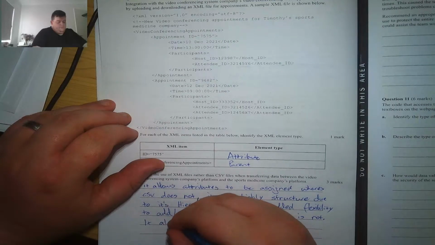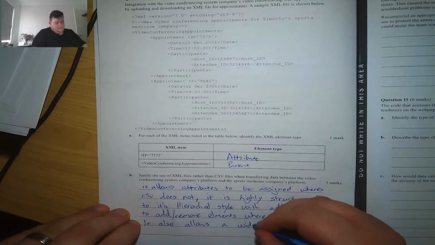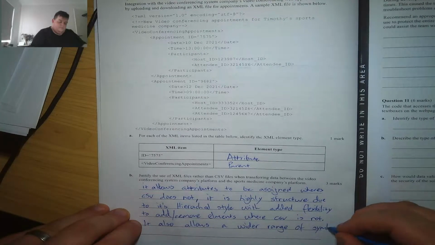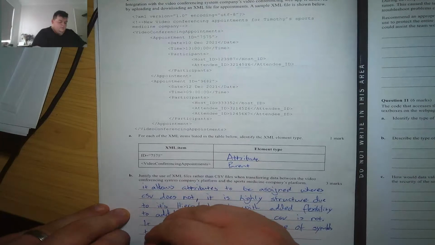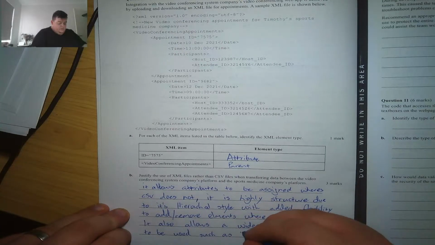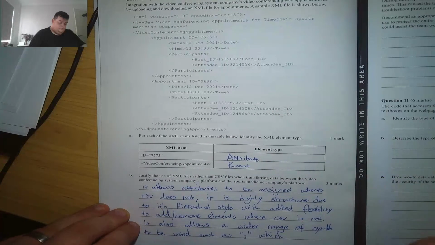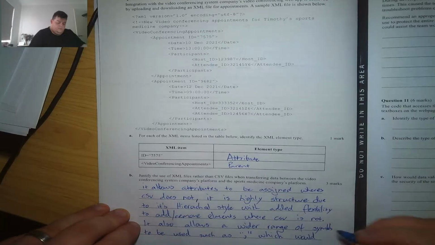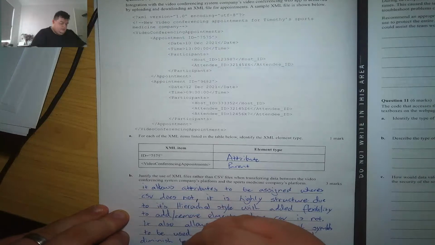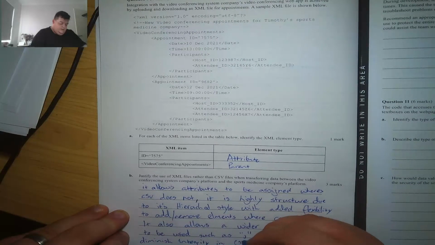It also allows a wider range of symbols to be used, such as comma, which would diminish integrity in CSV data.